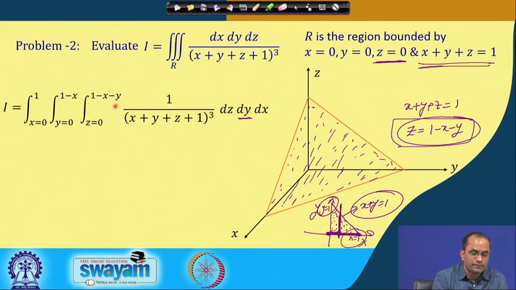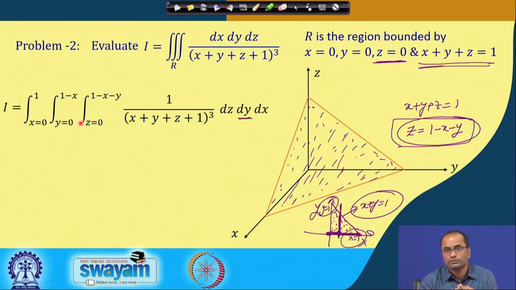The trick is, for the inner one, for z, we have to look into the whole 3-dimensional volume and see, with respect to z, where we are entering the domain and at which surface we are exiting this volume. In this case it was rather simple. The surface where it enters was the xy plane, that means z was 0 there.